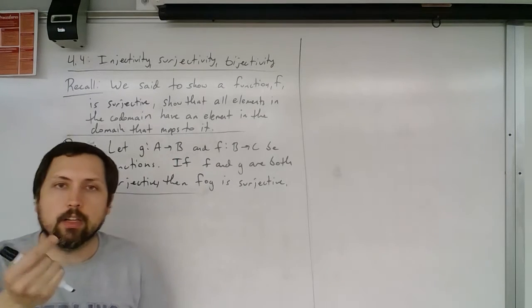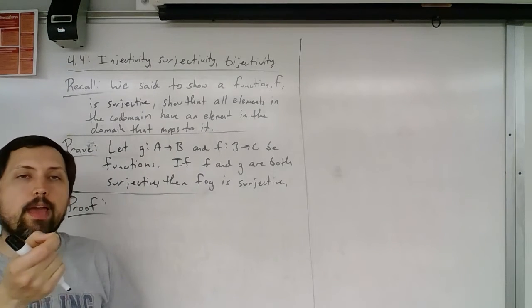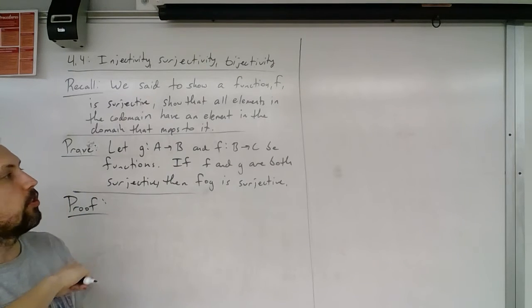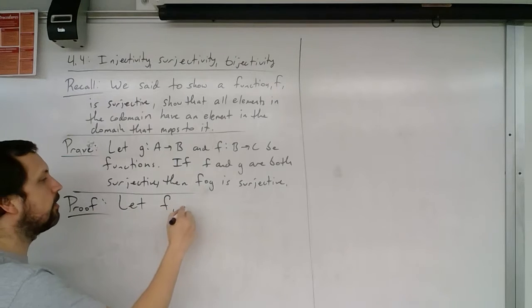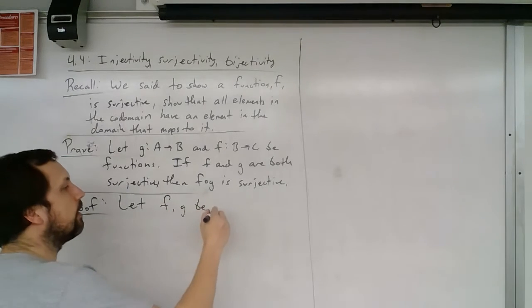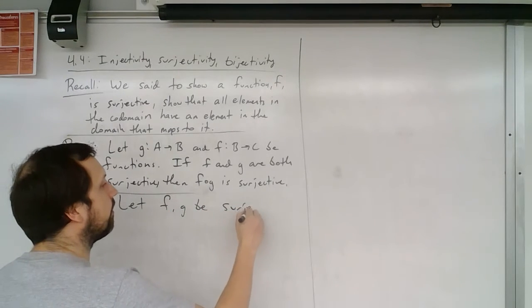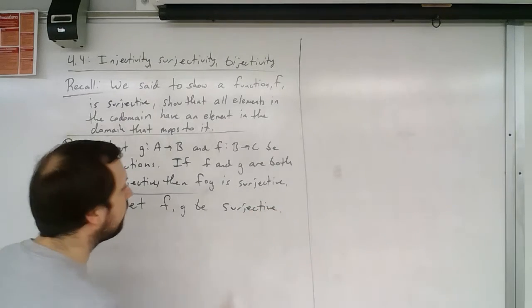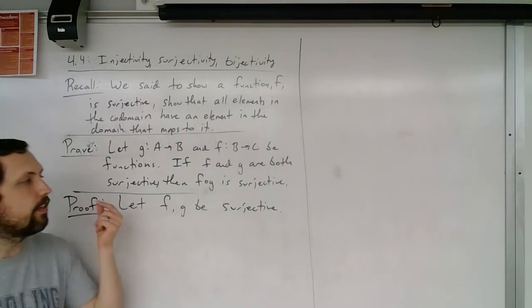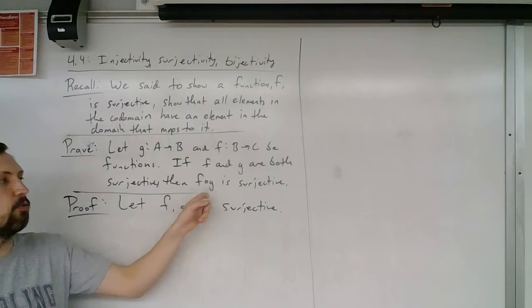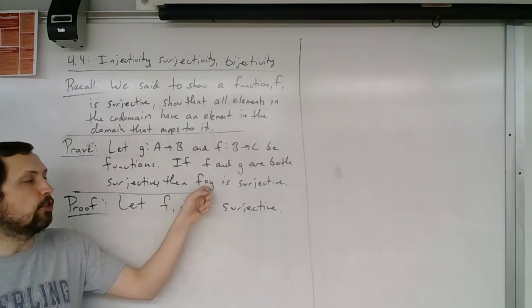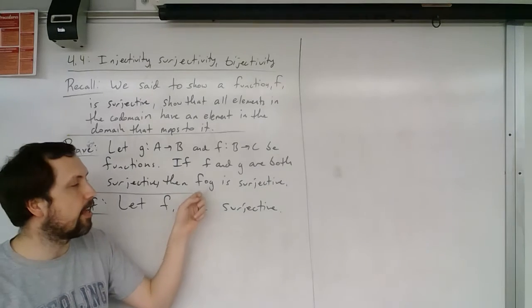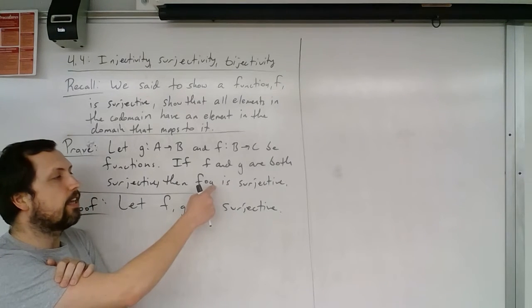So we need to take an element in the codomain of the composition of functions here. So we're going to say let F and G be surjective. Now I take an element from the codomain of the composition. Remember, this is the function we're looking at, the composition. So remember, we're taking G as the first function.